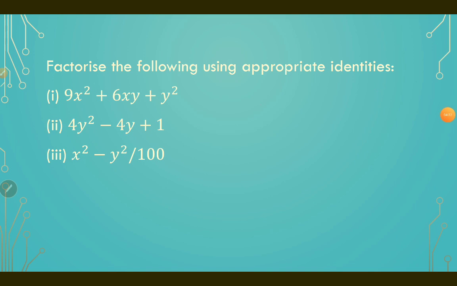Factorize the following using appropriate identities. This can be written as (3x) the whole square plus 2 into 3x into y plus (y) the whole square. This is nothing but (3x plus y) the whole square.